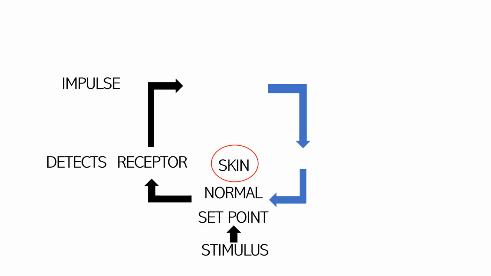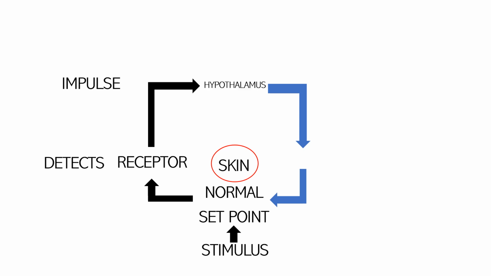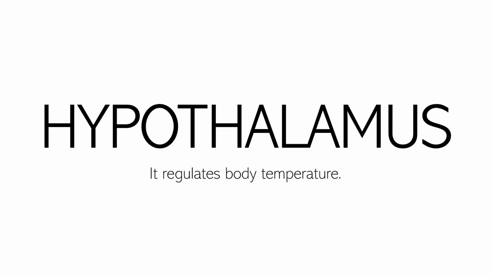For thermoregulation, the impulse sent by the receptors of the skin will be received by the hypothalamus in the brain. The hypothalamus will receive the impulse and process. Hypothalamus. It is the control center for thermoregulation in the brain. This hypothalamus regulates body temperature.